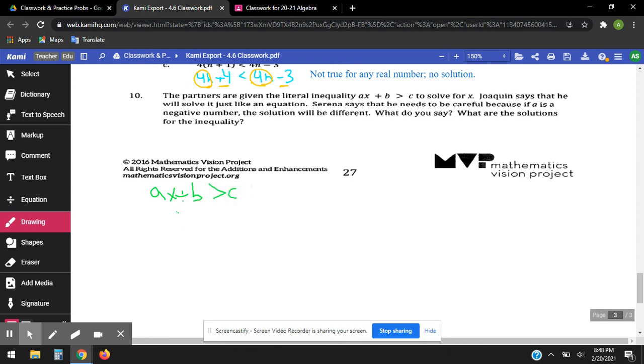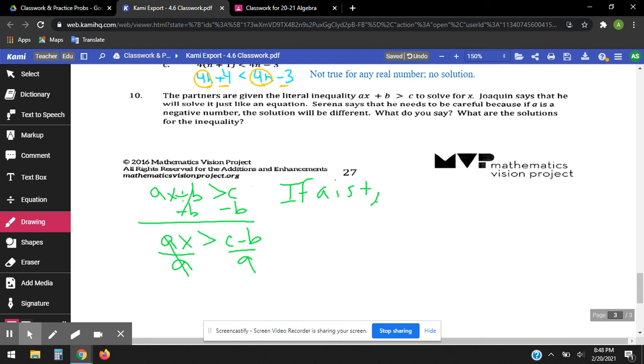So first we'd have to subtract b from both sides, right? And that leaves ax is greater than c minus b. Now here's where the problem is. If a is positive, our sign stays the same. But if a is negative, it will switch. So from here, if a is positive, then it's going to be divide by a on both sides, right?